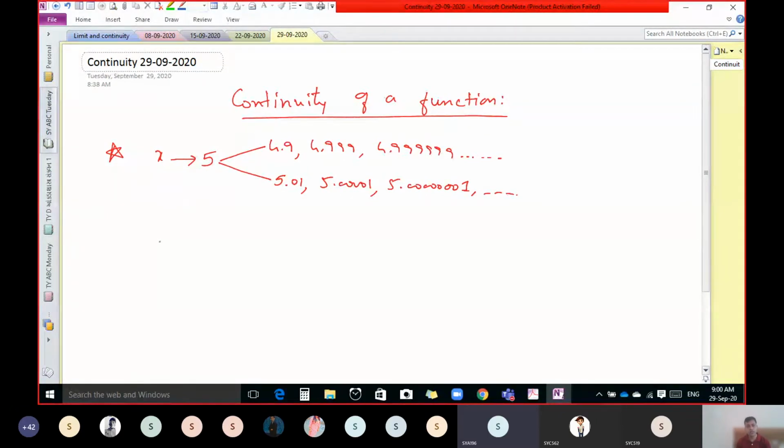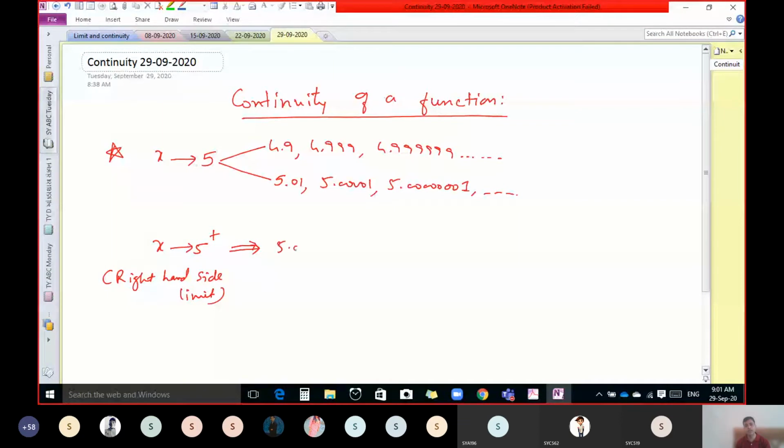Now it is written like x tends to 5 plus. If this sign is there, it is known as right hand side limit. Meaning of this is the value of x is very nearer to 5, not 5 but more than 5.